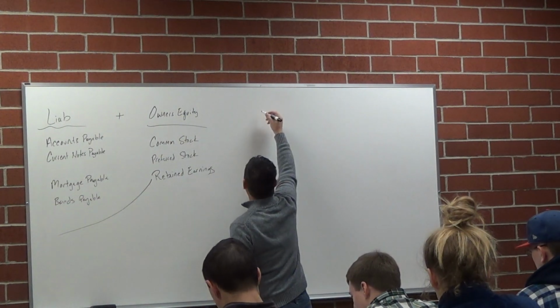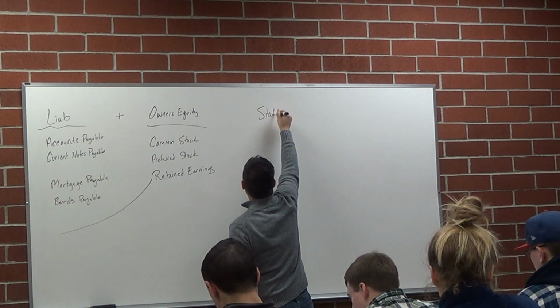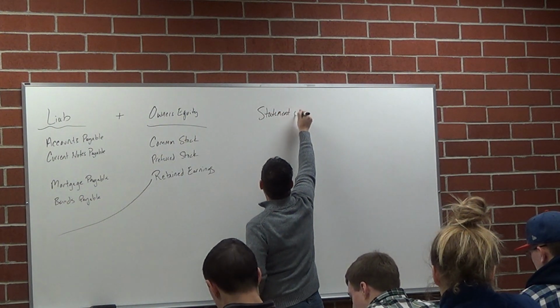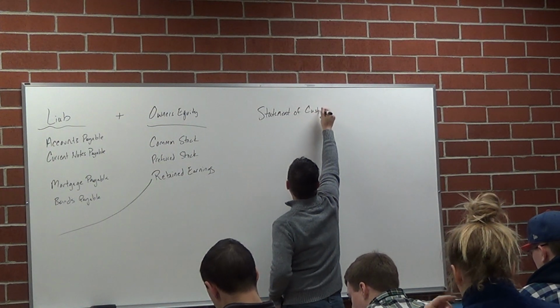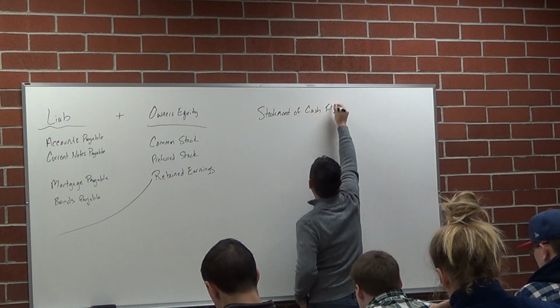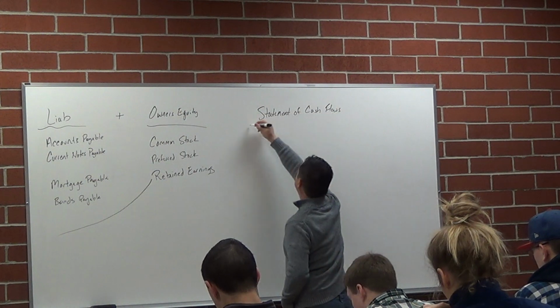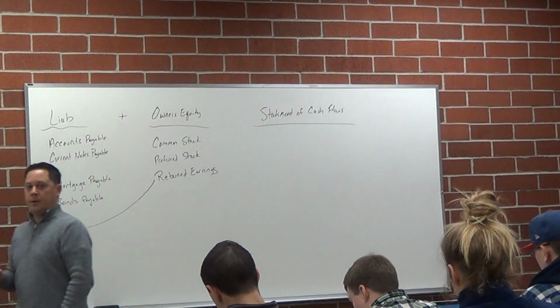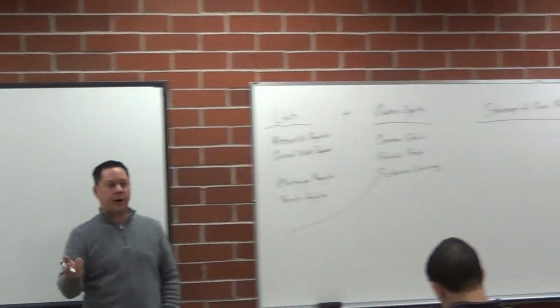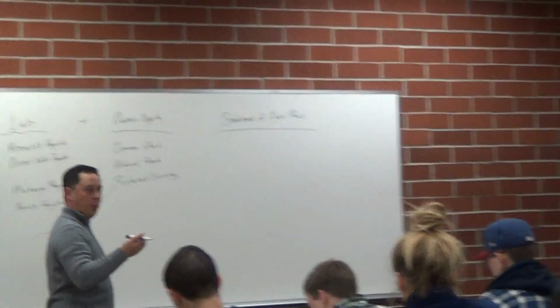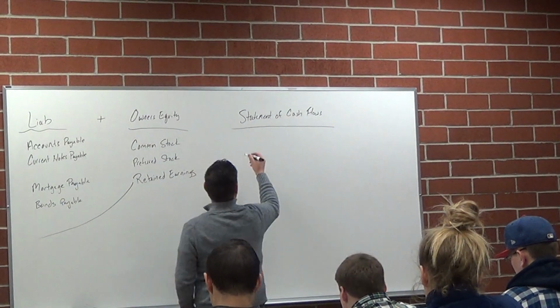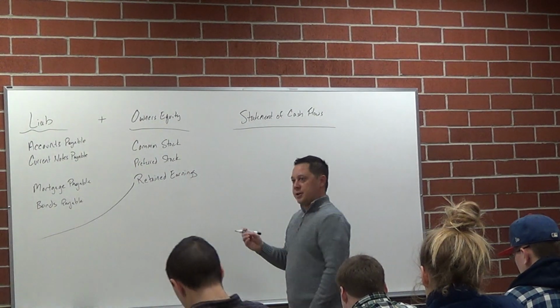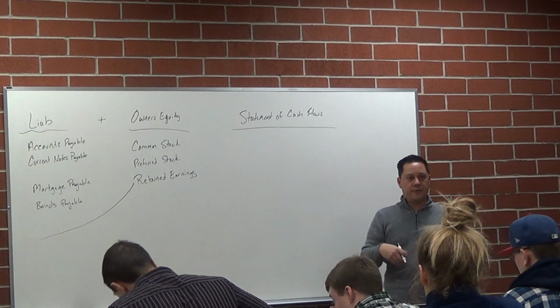So statement of cash flows, I can't do that without cash. That's my check. Now there are 2 ways of doing the statement of cash flows. There's the direct method and the indirect method. I'll go through both real quickly here. Now there are 3 sections that we need to look at.